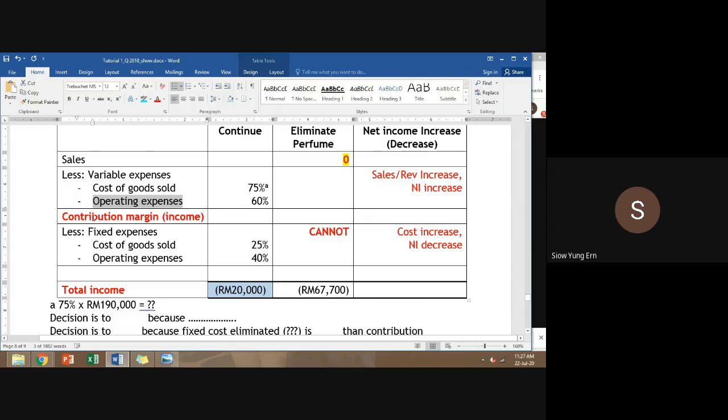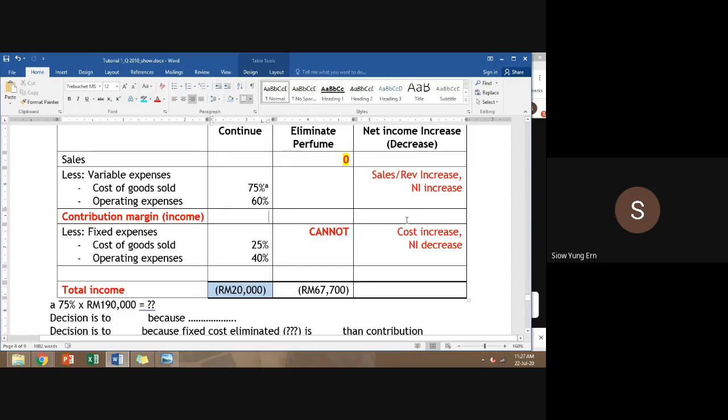Okay, contribution margin. Contribution margin is an income. From 62,700 becomes 0. So income decrease. Net income? Positive or negative?